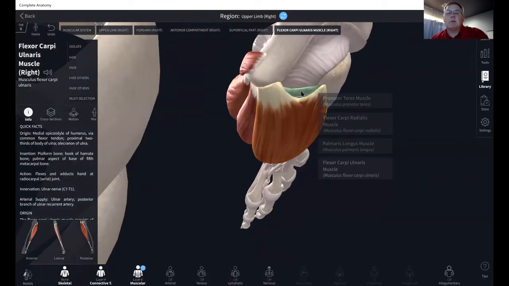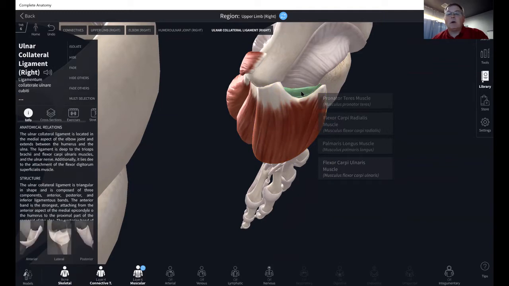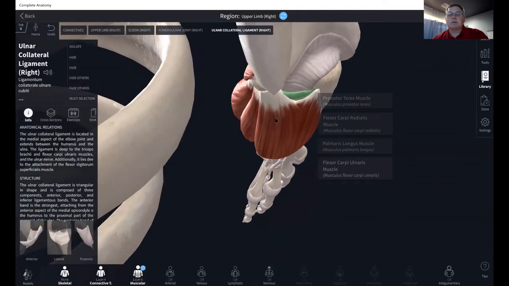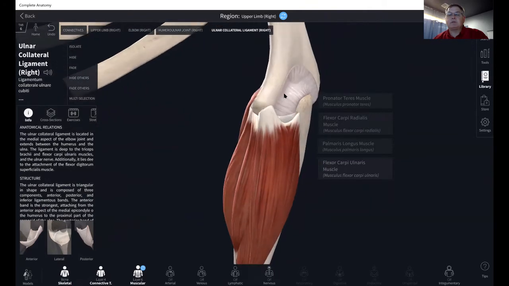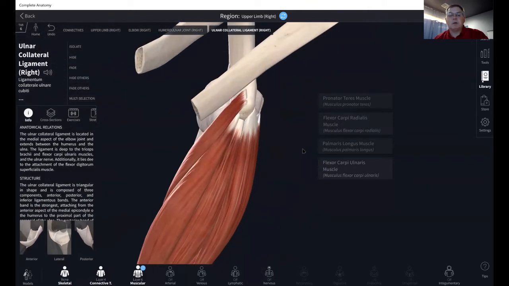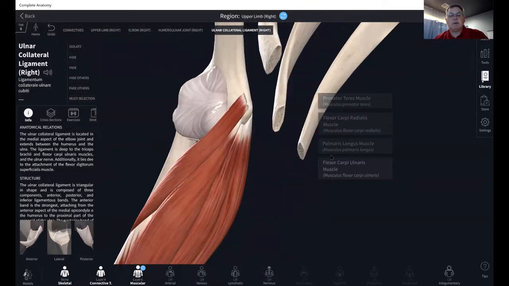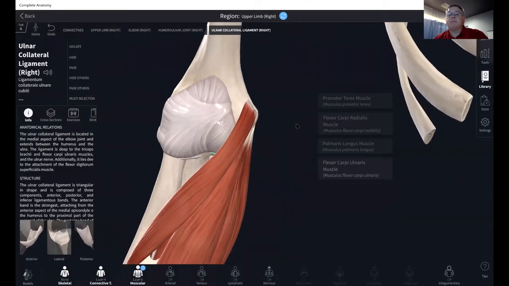We get a little bit more specific down into the ulnar collateral ligament, and there's another that we'll talk about when we get to that. But those are the four more superficial medial muscles that we deal with when we're needling there.